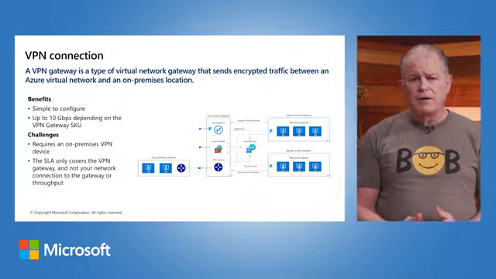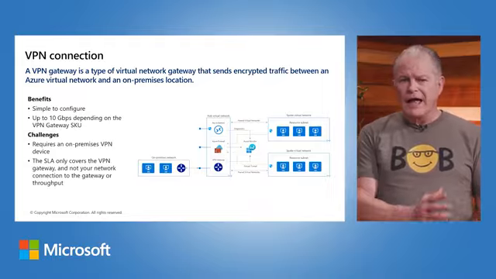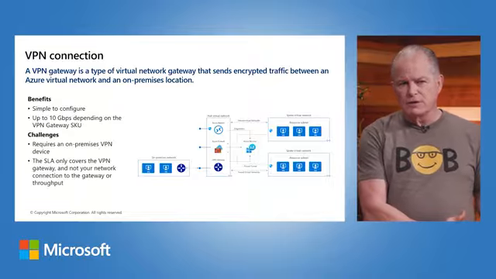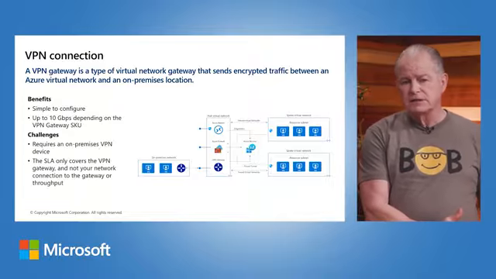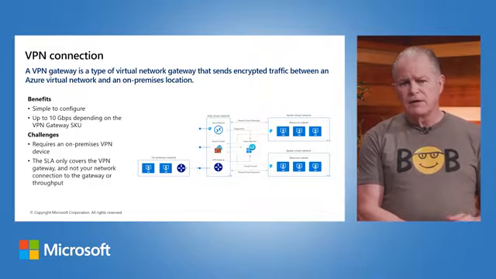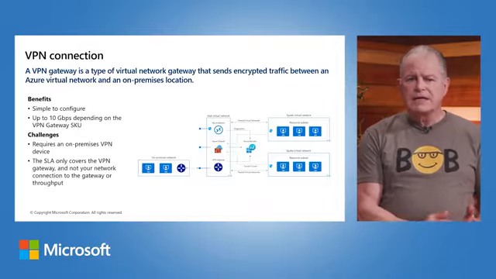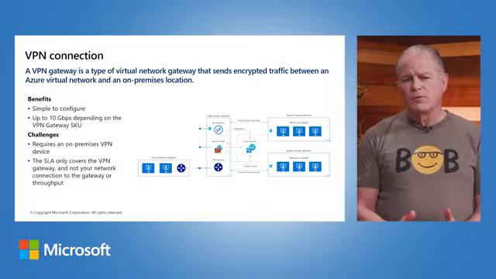Now, it's quite common. We've got a wide variety of tools that are going to be able to provide that. So at your on-premises location, you're going to need some kind of device that is going to provide that VPN connectivity for either outbound or inbound. Windows servers provide it. You get these products from network providers like Cisco. Inside of Azure, we have a wide variety of software-defined networking components.